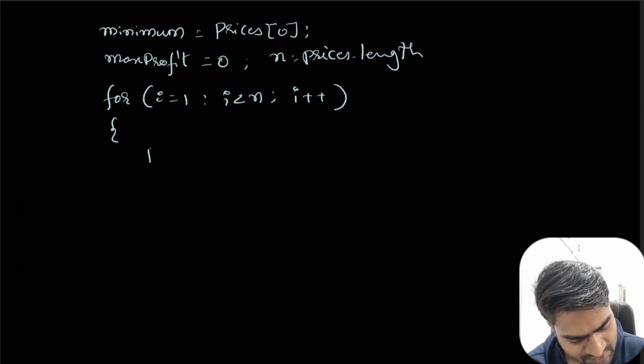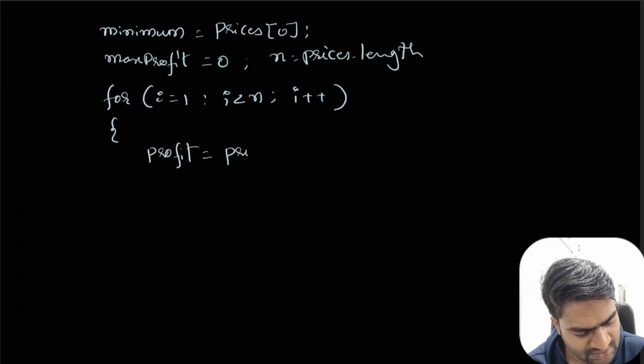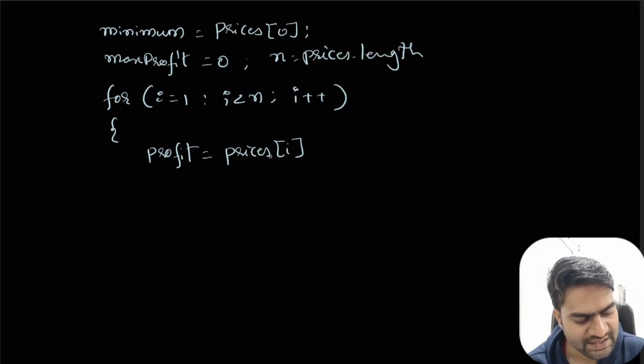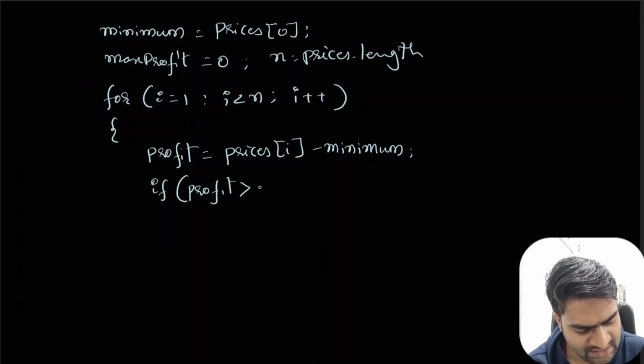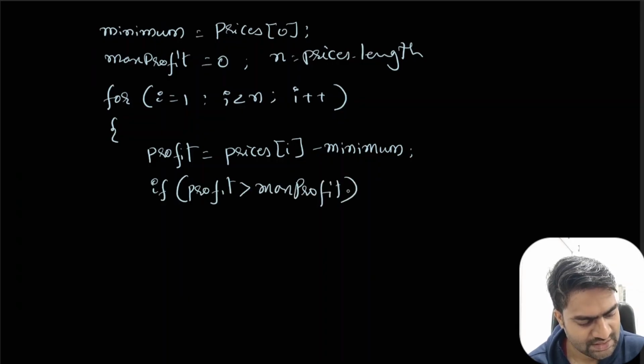So profit is equal to prices of the current value, which is i, minus minimum. This will give us profit. Then I will check if profit is greater than max profit, then I will update max profit with my profit.